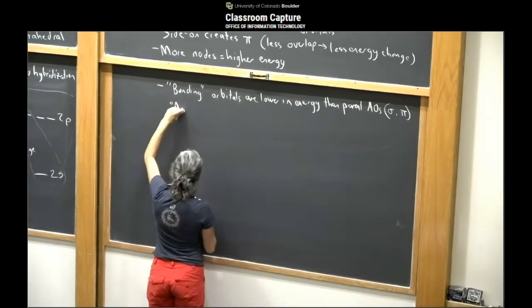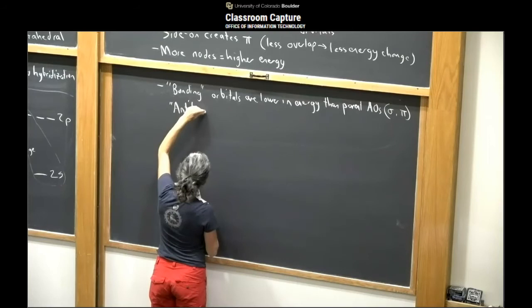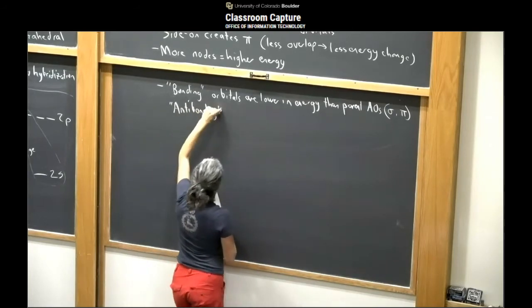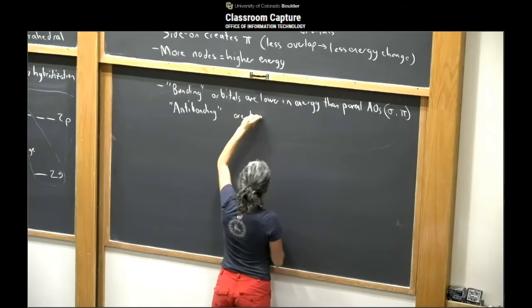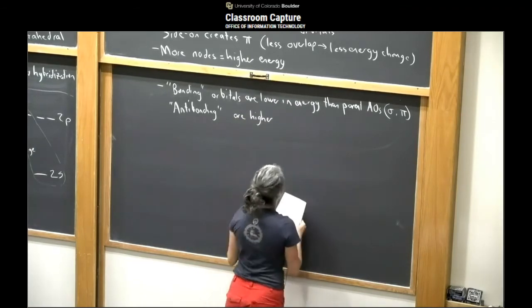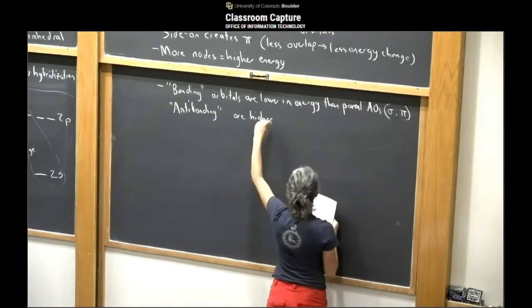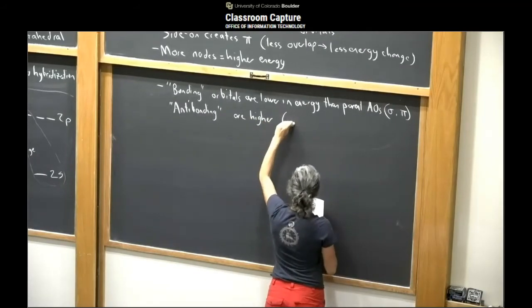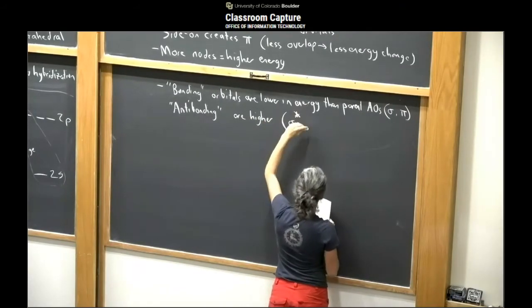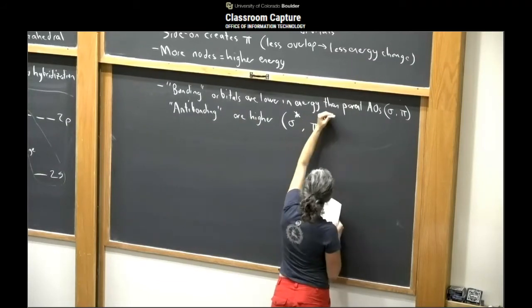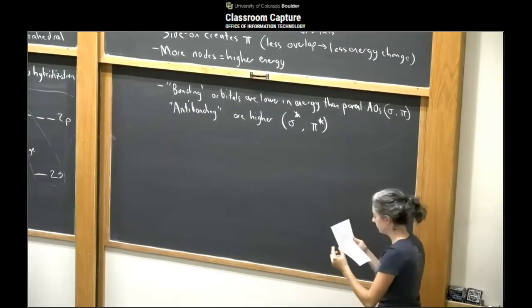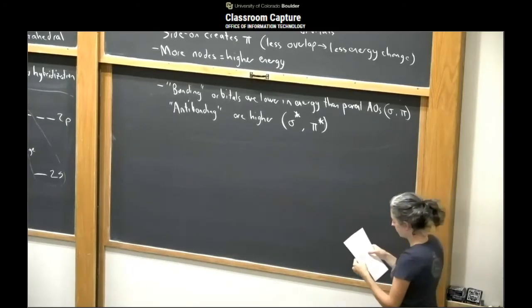Anti-bonding orbitals are higher in energy than the parent AOs. And so those we're going to label as sigma star or pi star.